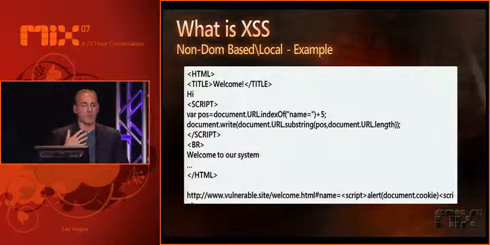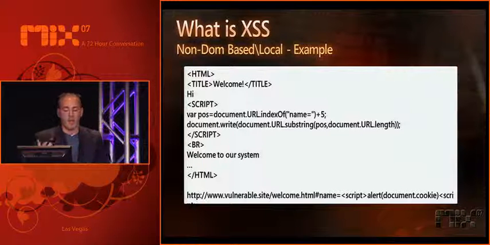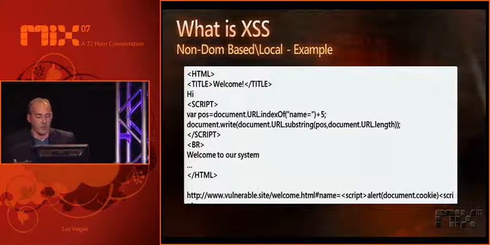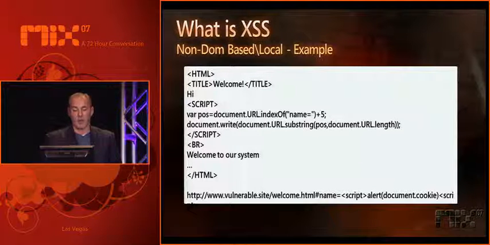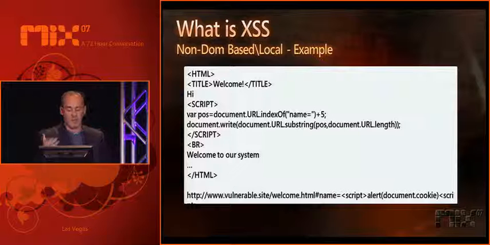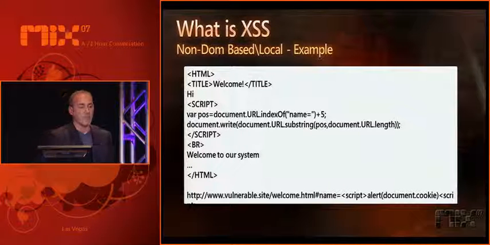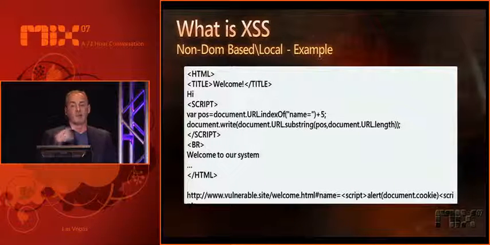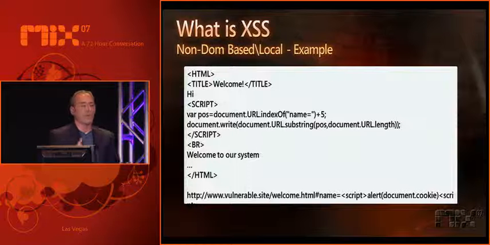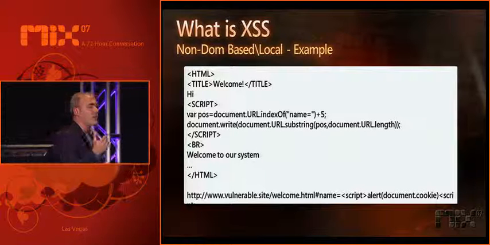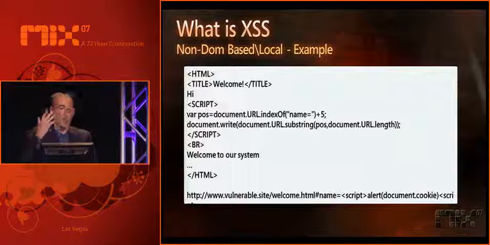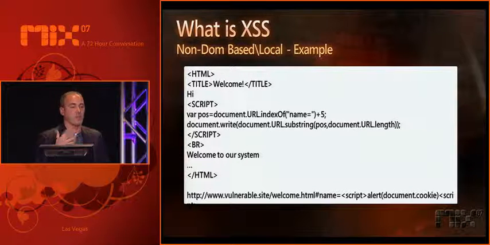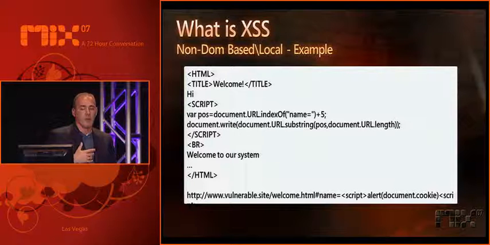If you're using the document object model to do that, what happens when you put the pound sign in there instead of the question mark is the DOM is still able to read the name variable, but now it's not going back to the server. So all that input validation that you did, and all the blacklisting, whitelisting stuff you did on the server, is circumvented.